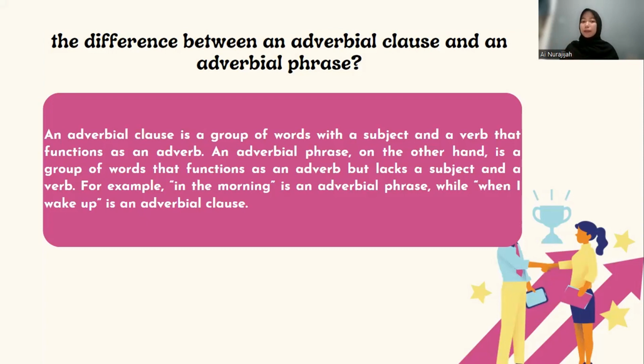For example, in the morning. In the morning is an example of adverbial phrase, but the example for adverbial clause is when I wake up. When is subordinating conjunction, I is subject and wake up is predicate.